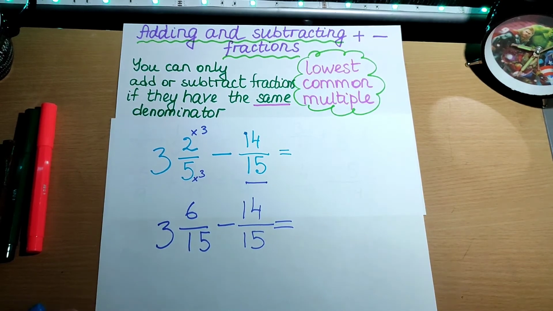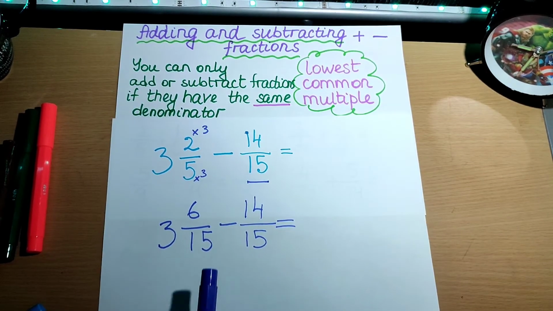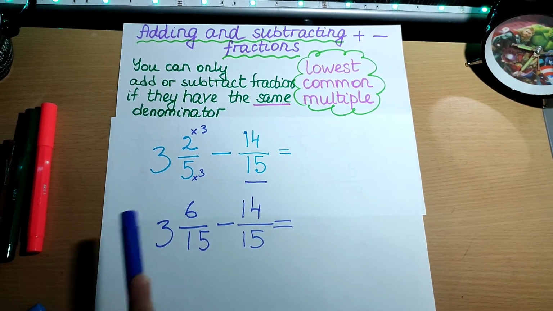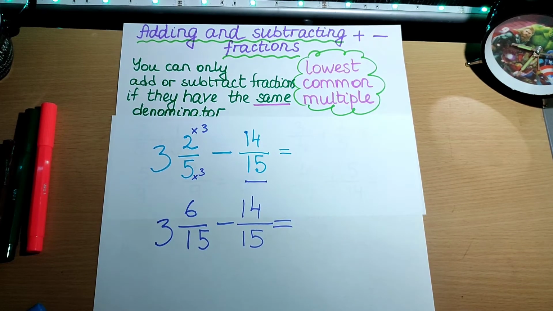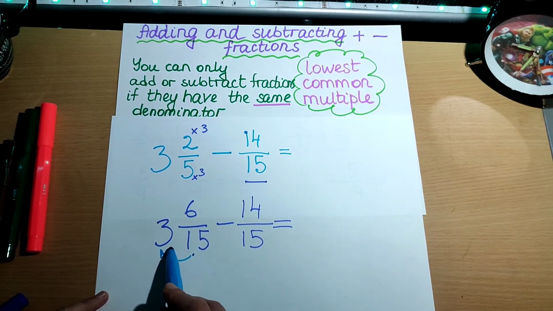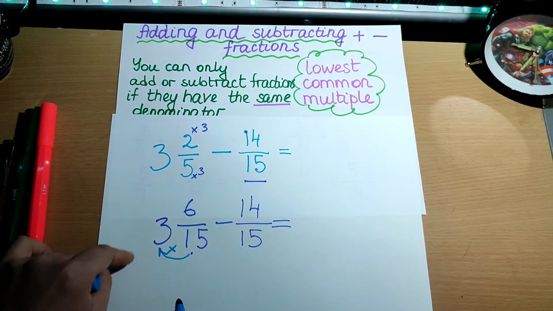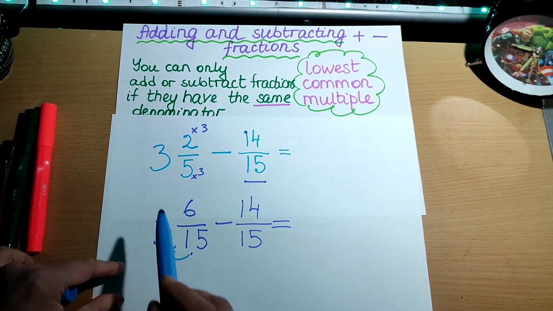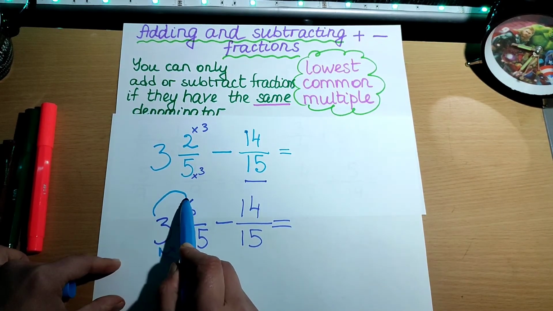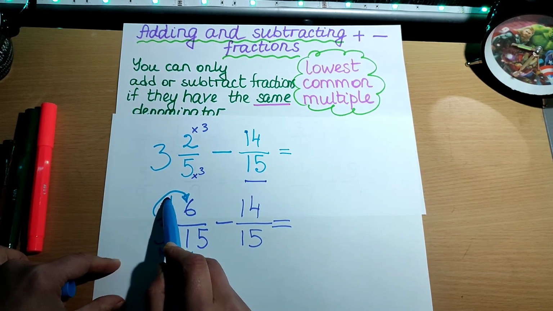So what we need to do, we need to turn this mixed number into an improper fraction first. And I have a video on that. If you don't know how to do it, watch it. But I'm going to remind you how to do it. So we start with 15. We multiply it by the whole number. And then whatever we get, we add our numerator onto it.